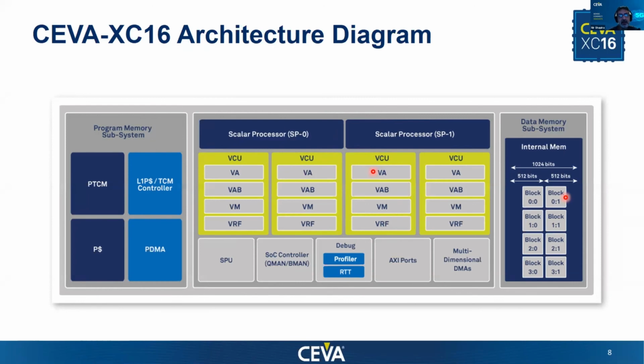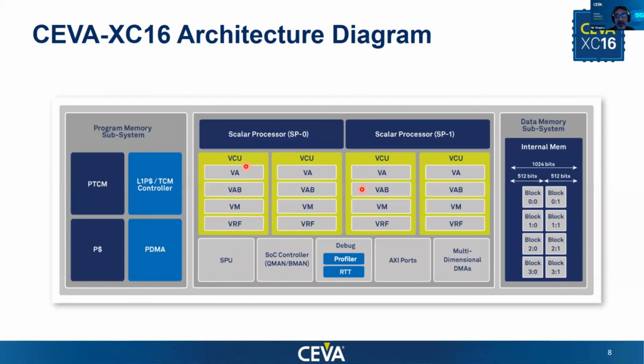At the heart of the architecture are these VCUs, vector computation units. That's where you would find all the multiply accumulates and all the arithmetic logic. And again, as I will show later, these are shared in a very unique way by these two execution units.